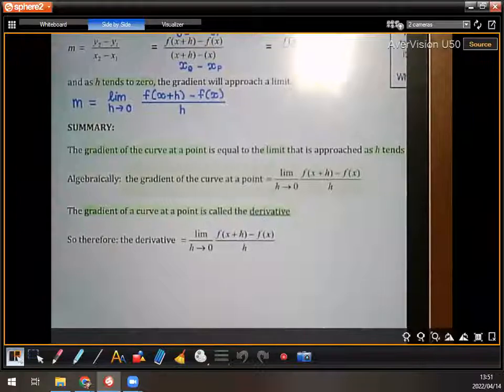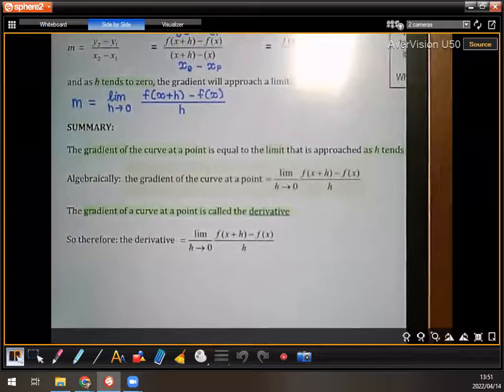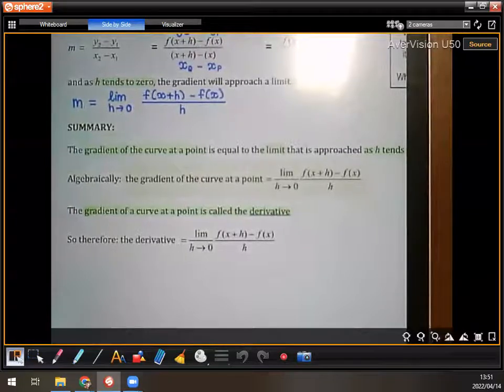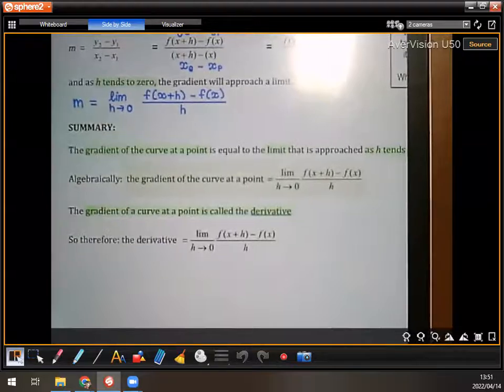We are going to have different ways of calculating it, but whenever you see the word derivative, they're actually talking about gradient. Whenever you see the word gradient, you can also just find the derivative. Derivative and gradient are always the same. So when we say that the gradient is equal to this, we can also say that the derivative is equal to this. This is not only a formula for gradient, it's also a formula for derivative.